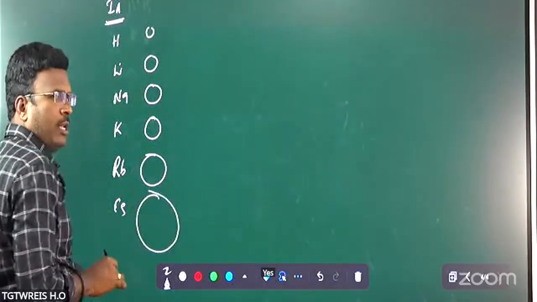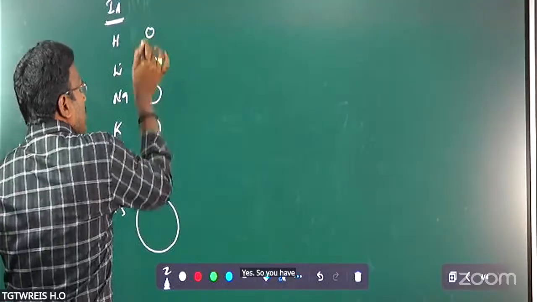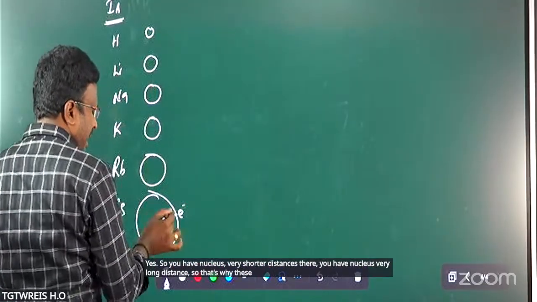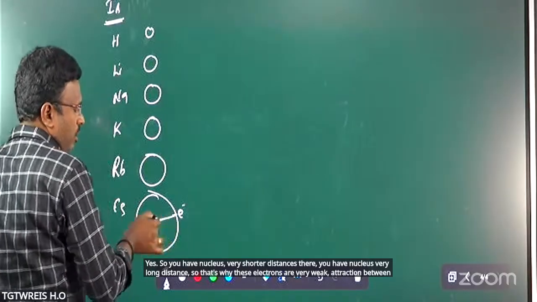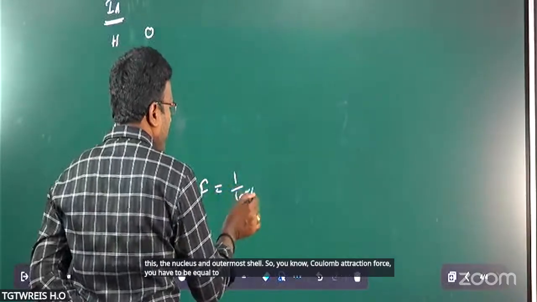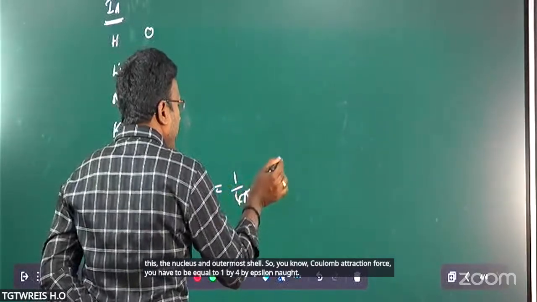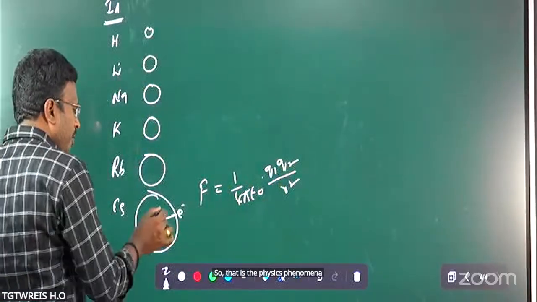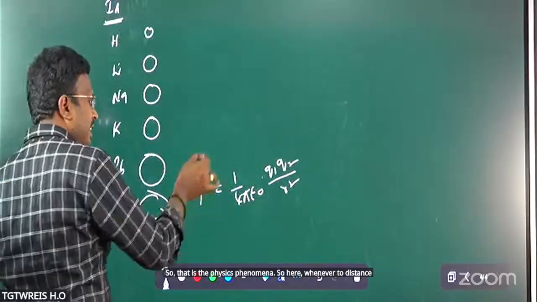Yes. So for one nucleus the distance is very short, for another nucleus the distance is very long. So that's why there is very weak attraction between the nucleus and the outermost shell electrons. So you know Coulomb attraction force, F equal to 1 by 4 pi epsilon naught into Q1 Q2 by R square. So that is a physics phenomenon. So here, whenever the distance increases, what happened?